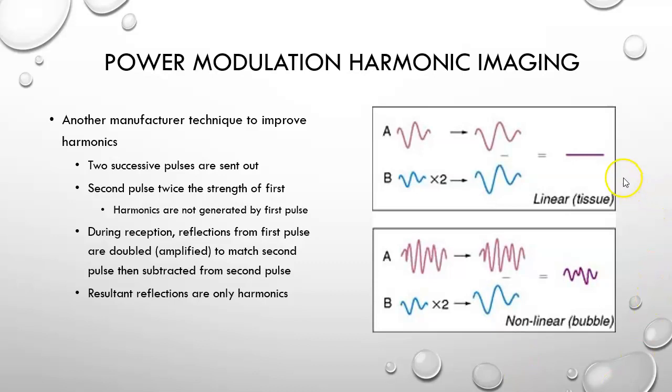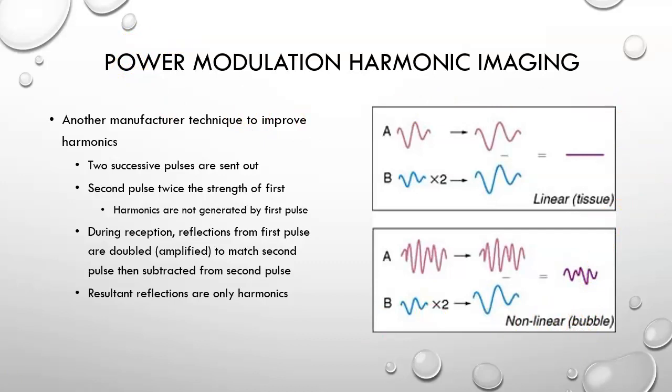Okay, so our tissue reflections coming back to us will be non-harmonic generally, because tissue doesn't generate harmonics as well as contrast bubbles. And then the signal we get back is from the contrast bubbles. So this is a technique often used as power modulation for imaging with contrast bubbles.